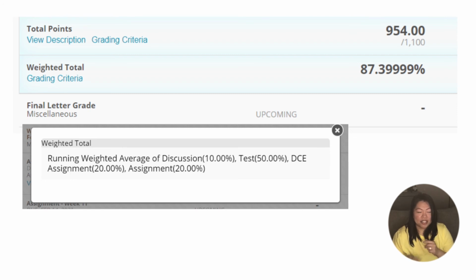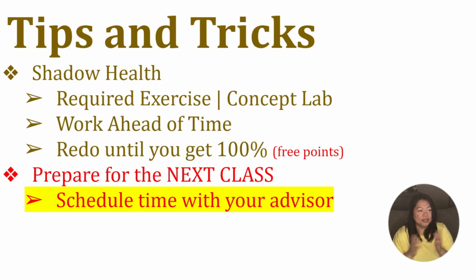I'm crossing fingers. So, tips and tricks: as you know, the required Shadow Health exercises in the concept lab, I've been saying throughout these update videos that they are very important. Just do good on them. It is 3.60%. Work ahead of time. Very, very important. If you guys are still watching, prepare for next class, right?